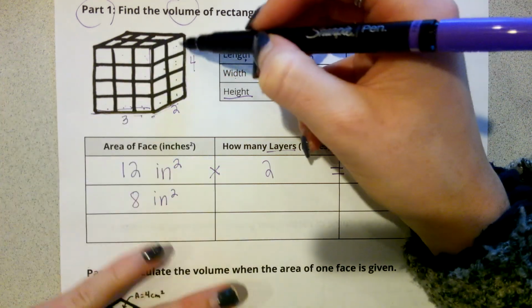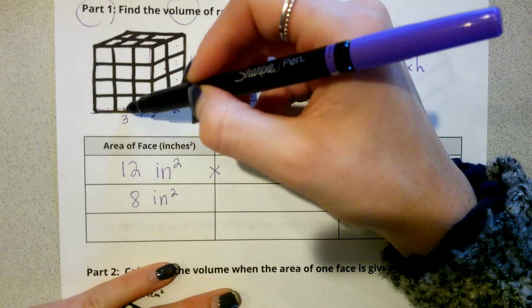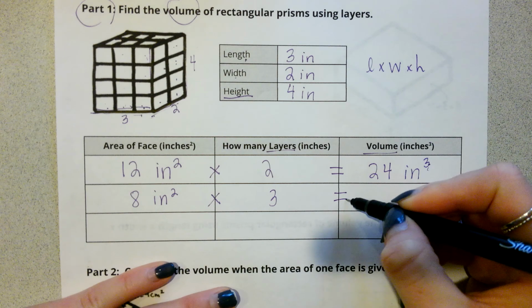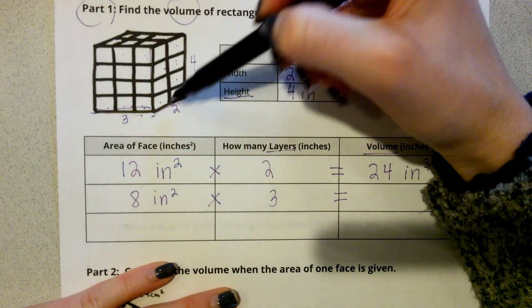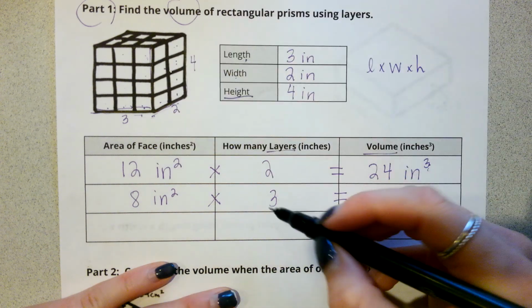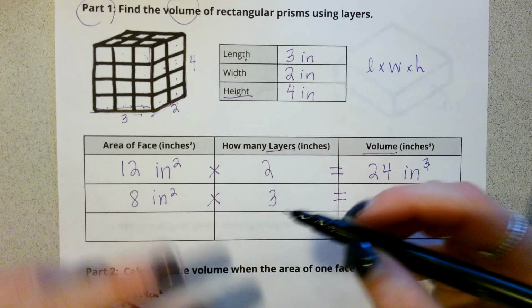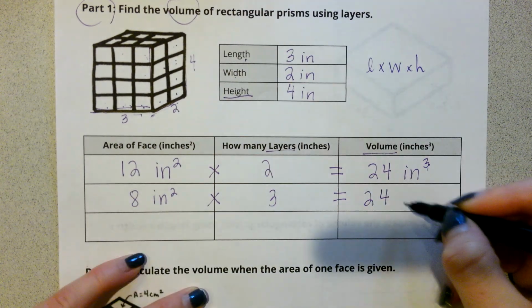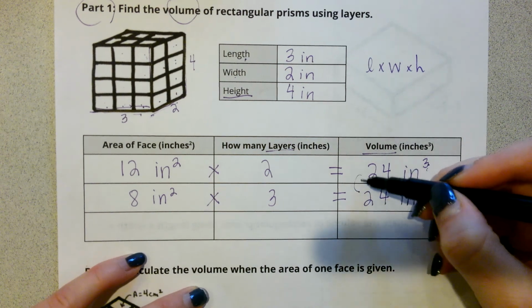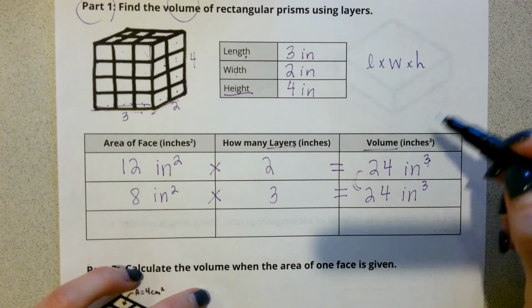Well, I have 1 layer of it, 2 layers of it, 3 layers of it. So I have 3 layers. I want to say, okay, well, I have 3 copies of that layer. So 8 times 3, 8, 16, 24 is 24 inches cubed because we're in volume. I see something interesting there. Let's go one more way.